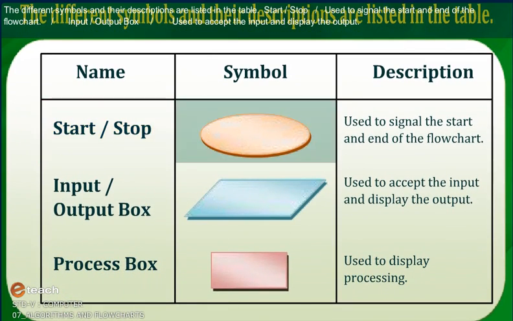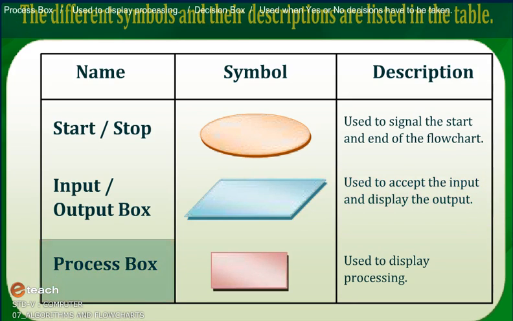Start or stop. The symbol is used to signal the start and end of the flowchart. Input or output box. The symbol is used to accept the input and display the output. Process box. The symbol is used to display processing.